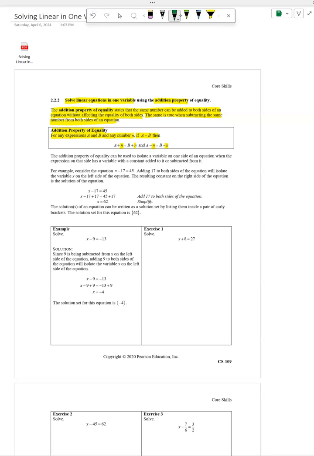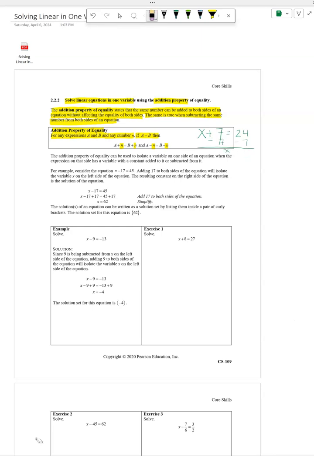If we were trying to solve for x, and we have x plus 7 equals 24, and we wanted to see what x is, since this is already addition, what's the opposite of addition? Subtraction. So we would have to subtract 7 from both sides. These would cancel, and this is going to give me 17. So x is going to equal 17.